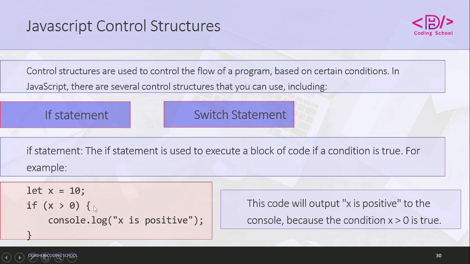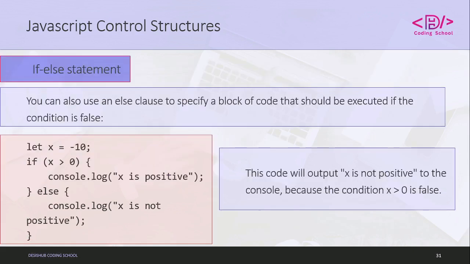In this code, the output is going to be x is positive on the console because the condition x greater than 0 is true, because x is 10 and you're asking if x is greater than 0. This one is going to be true, and if it is true, it is going to do console.log x is positive.